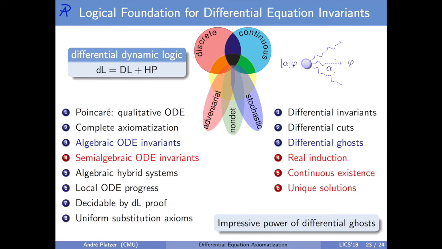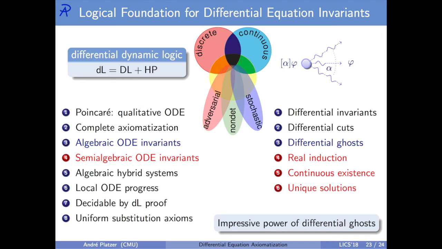So summarizing, what you've seen is differential dynamic logic exploited in order to prove all true properties of differential equation invariance, where we're completing an interesting step in Henri Poincaré's qualitative analysis of differential equations by giving a logical foundation of differential equations invariant reasoning and a sound and complete axiomatization for it, where for algebraic invariance, all we need is differential invariance, we need lead derivatives, differential cuts, and differential ghosts.